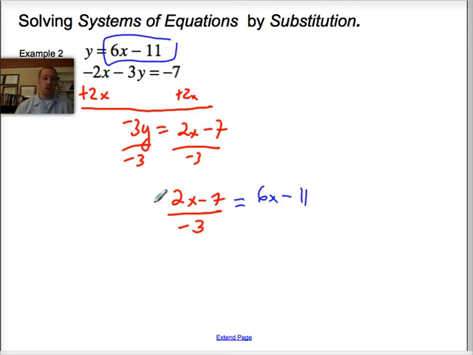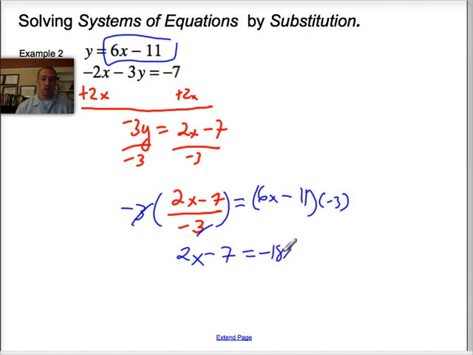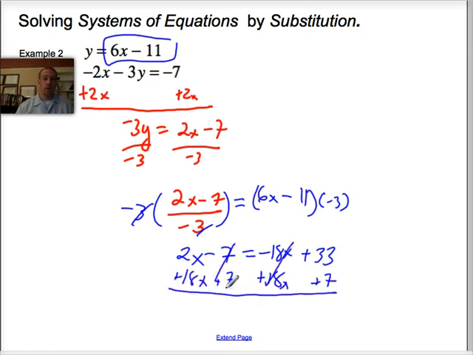And solving away, multiply both sides by a negative 3. That gives me 2x minus 7 equals negative 18x plus 33. So we get 20x equals 40, which tells us that x must equal 2.